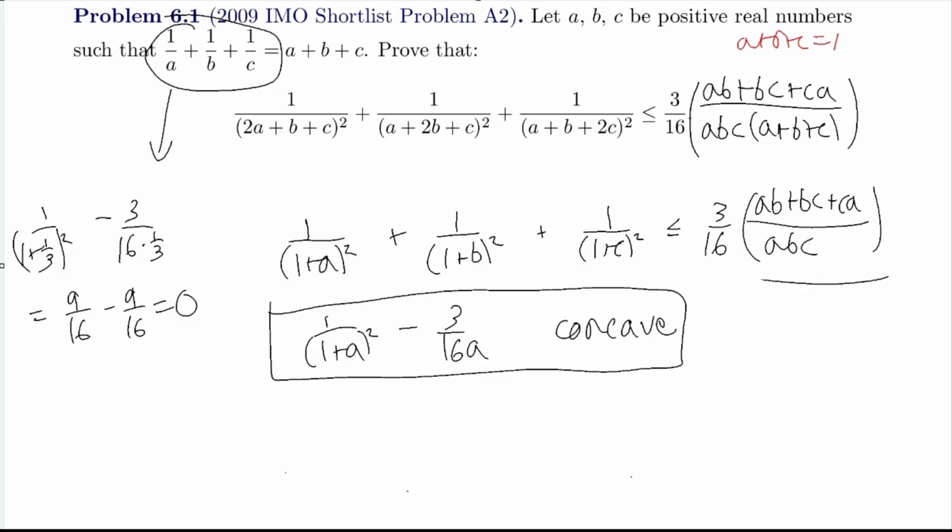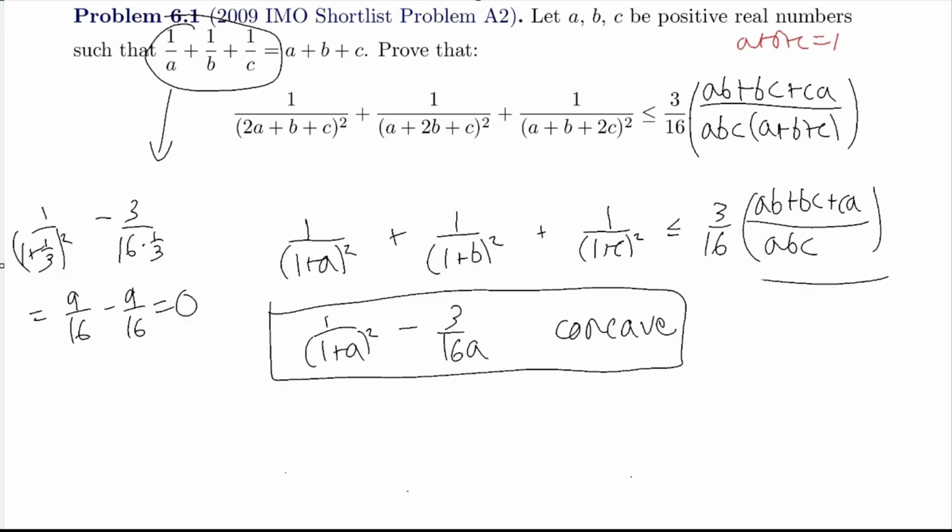You can check this if you know calculus by taking the second derivative. But if you don't know calculus, then I'm just going to say for free that it is concave, and you don't have to worry about it. I'm giving you this fact for free.